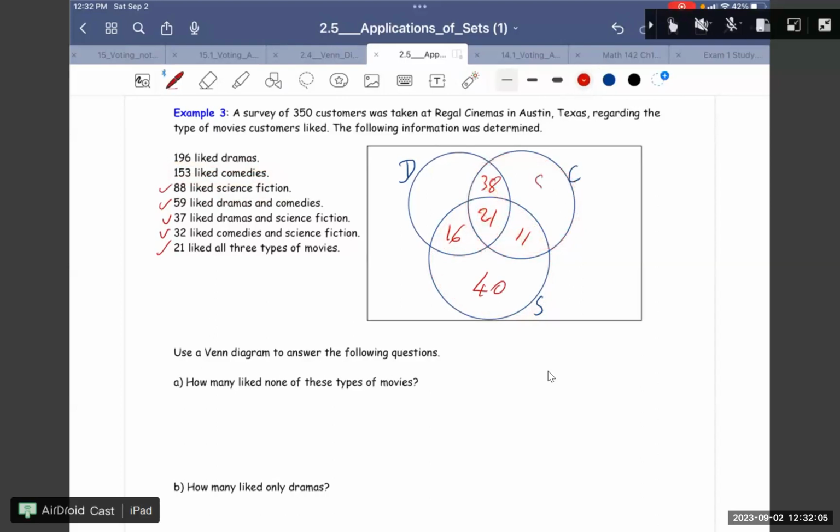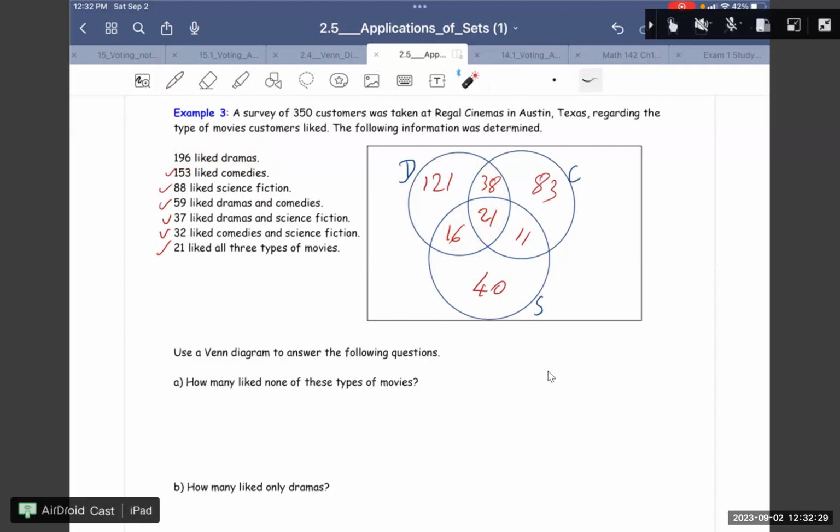So we have 83. And then 196 like drama. So 196 minus 16 minus 21 minus 38. So we got 121.